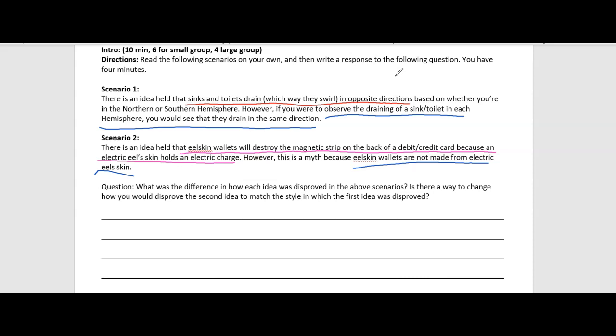But maybe they're just called eel skin wallets because they look like eel skin, but they're not actually made from eel skin. I don't know what these wallets are actually made of, but based on what they're saying here, if the wallets aren't made from eel skin, then we wouldn't have to worry about that electric charge to begin with. Okay, I'll put this down into words so that we have something on paper.